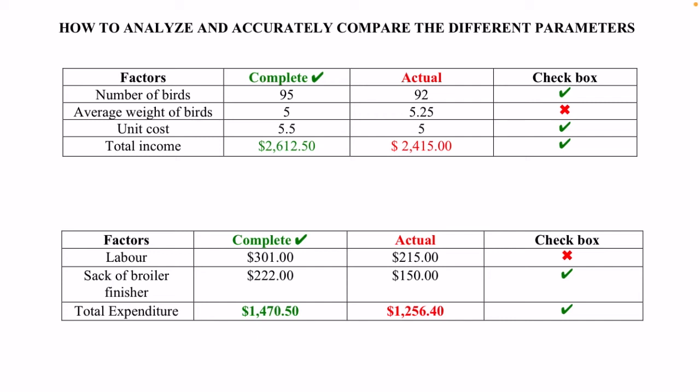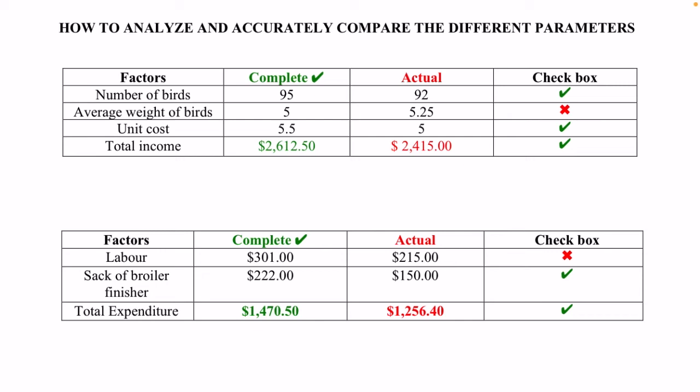In this case, we are looking for which of the two had the higher number. The number of birds in the complete budget is 95, while the number of birds in the actual income statement is 92. So therefore, the number of birds played a factor in the total projected income being greater than the actual income.